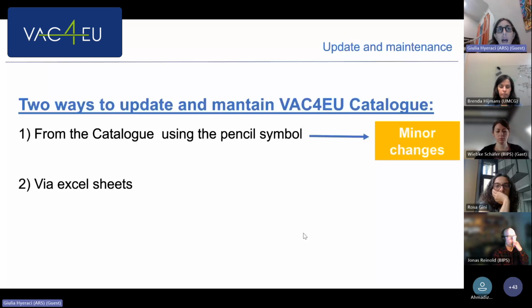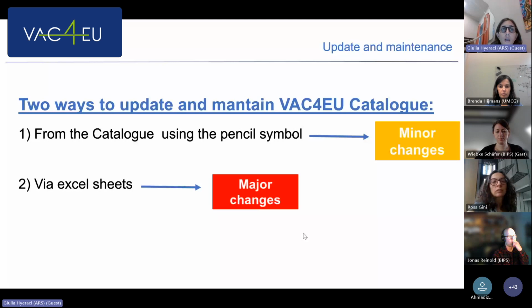For example, add a link between a data set and a data bank, or add 1, 2 or maximum 3 variables to the data model of a table or of a data bank. Otherwise, if you have to apply major changes to your data source and, for example, radically change the structure of your data source, the best option is to use the Excel sheet that I will show you later.